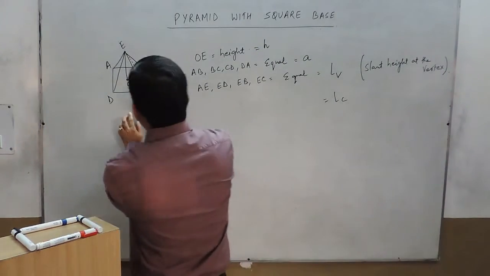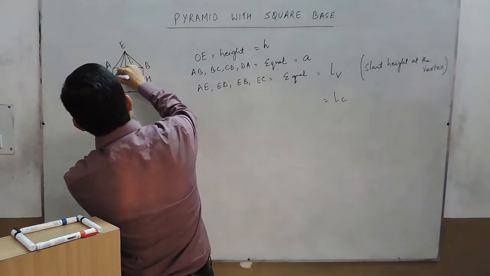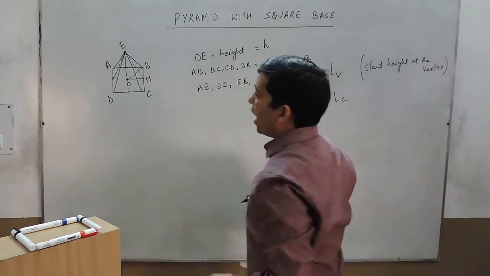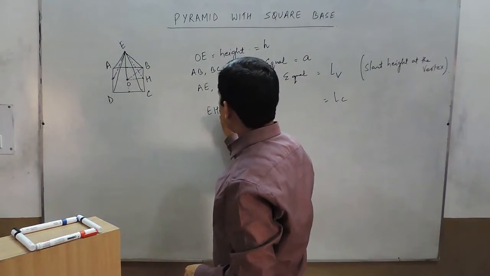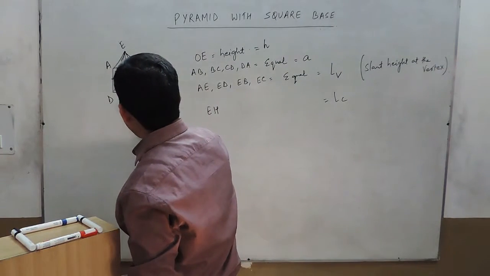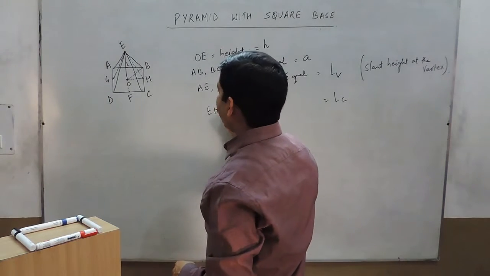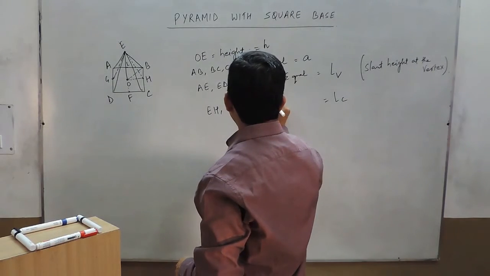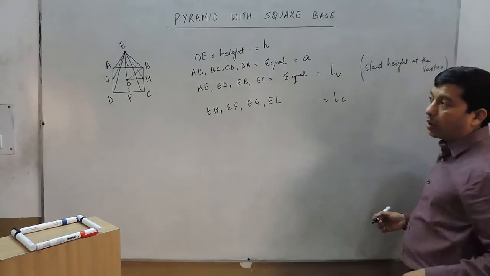If we join all the centers to the highest point E, with the points H, F, G and L, then EH, EF, EG and EL are all equal.